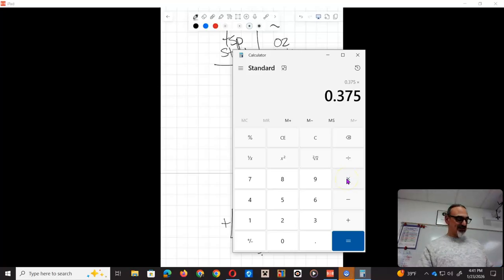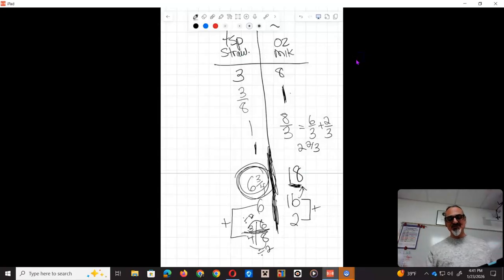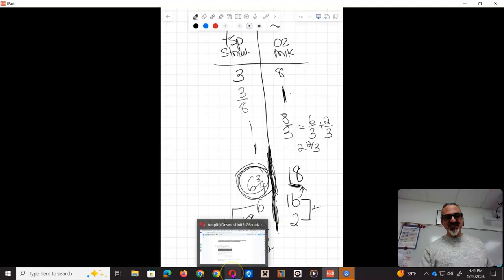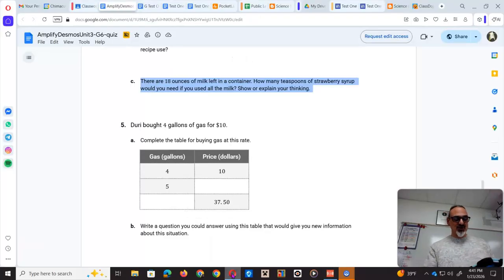And if I multiply that by 18, because I'm going from 1 ounce to 18 ounces, boom! Hey, isn't 6.75 6 3/4? Yeah, those of us who use coins, we know 3/4 is 75 cents. Boom! So that will get you this correct answer when you're using these ratio tables and thinking proportionally.